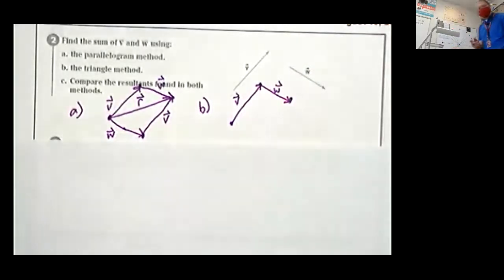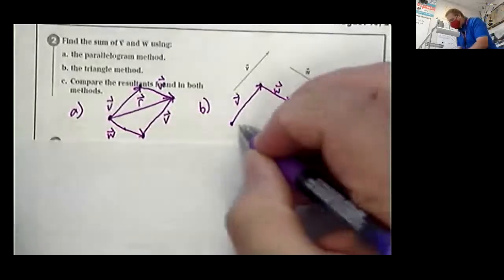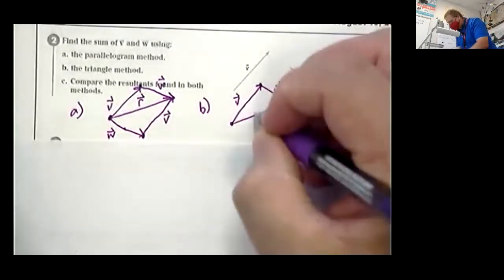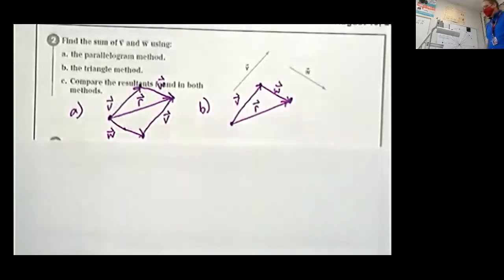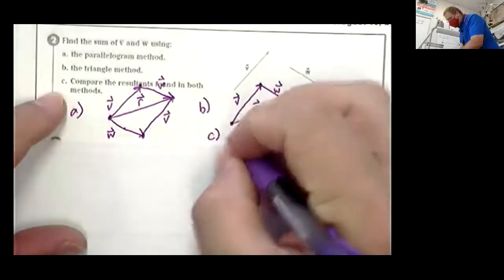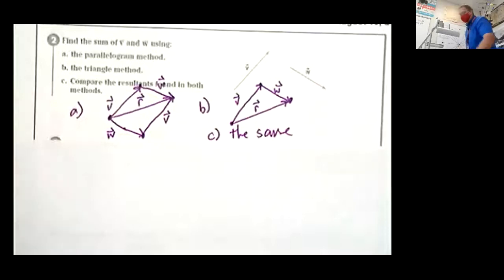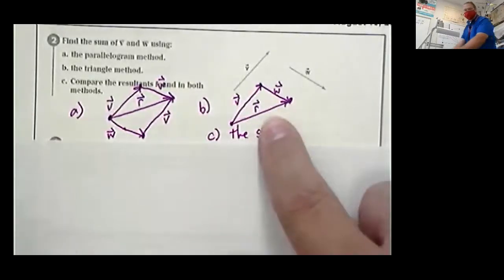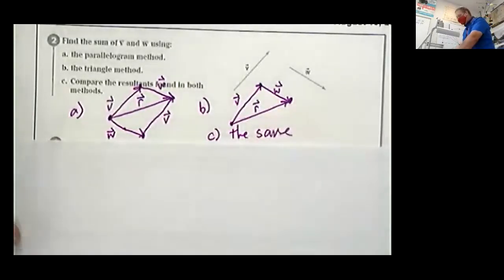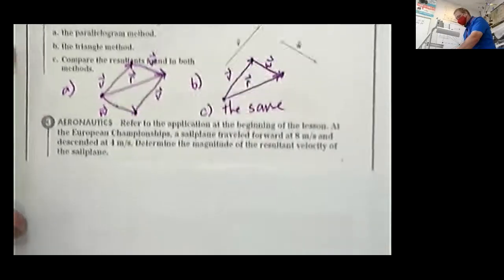Then that's really just half of my parallelogram, and then the resultant is the resultant vector. Depending on how you draw your picture, sometimes each method looks different, but what do you notice? They're the same. We get the same vector either way. The triangle method is what Ms. Goebel calls the tip to tail method. It's really the triangle method.